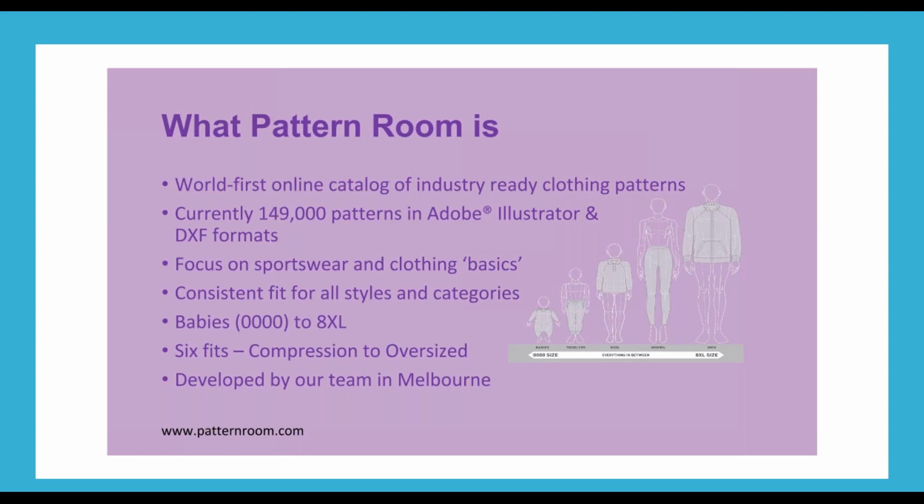There's a huge variety of fits. We've really broken down what the world of garments look like in a way that's quite unusual. We provide pattern fits from a compression fit, very, very tight, through to a tight and slim fit, a regular basic fit, and then all the way through to an oversized fit.